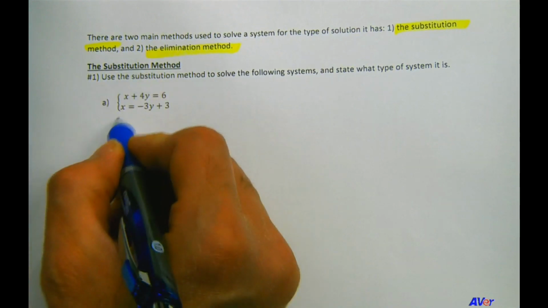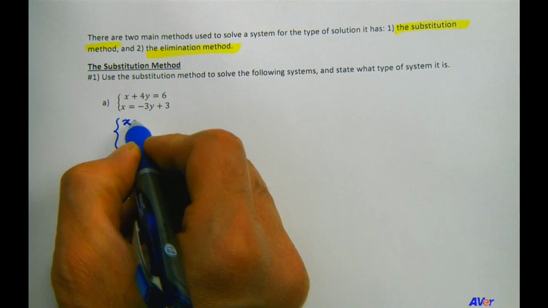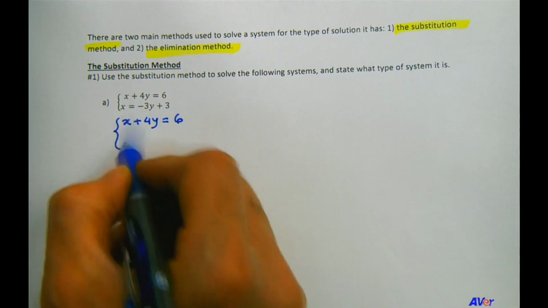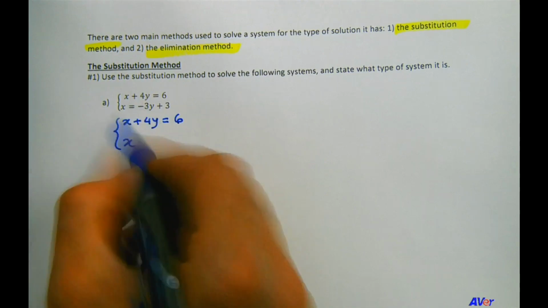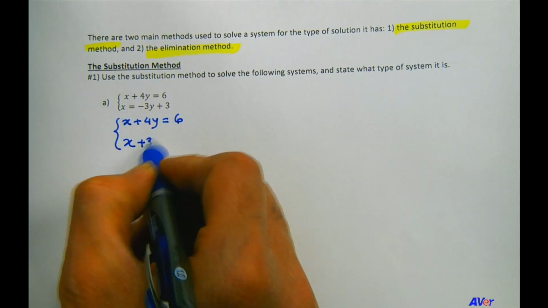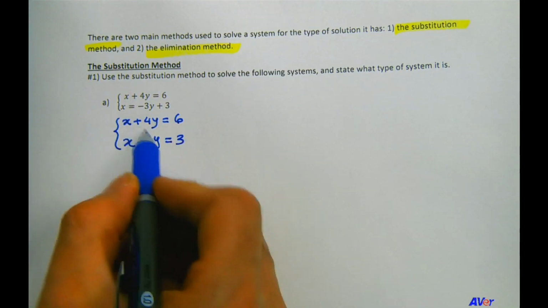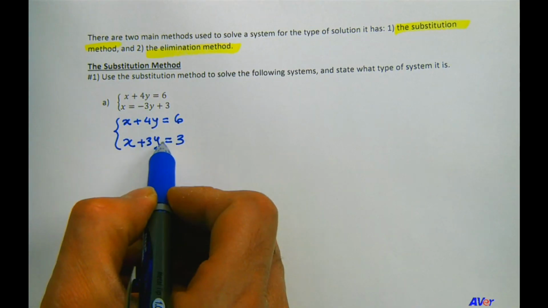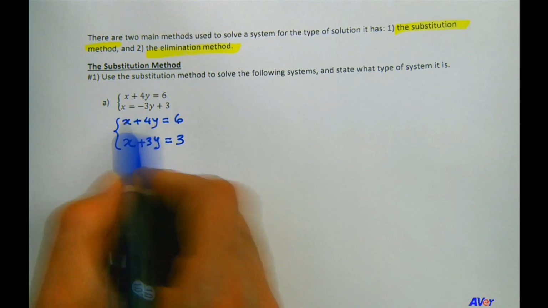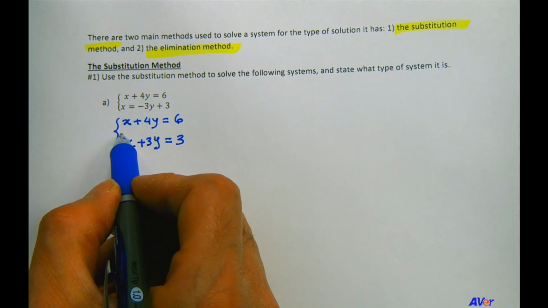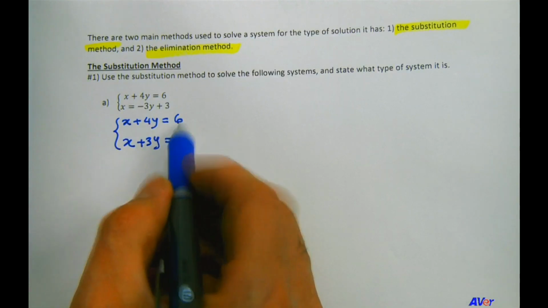Okay, so let's do that. So the top equation is okay. The bottom equation, let's move minus 3y to the left. It becomes positive 3y, like that. Now notice that in both equations, both variables that we're solving for are on the left, and the constants are on the right.